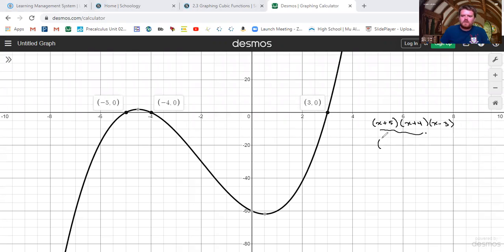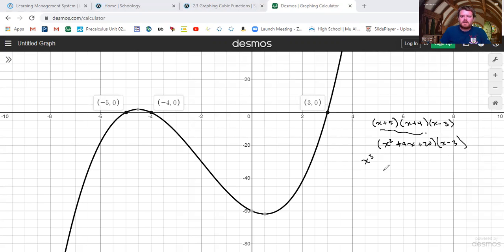So if I do that here, x times x, 5 times x, 4 times x, and then 5 times 4. And then I have a binomial times a trinomial here. Again, I could use distribution. I could use the box method if that's the preferred method of choice.